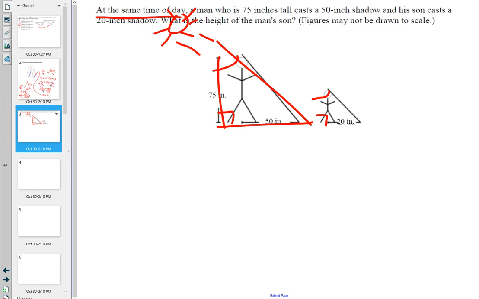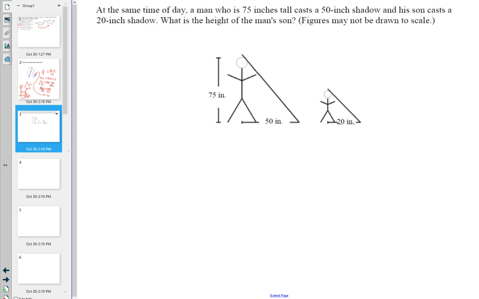So let's see if we can set up a proportion because they're acting as the sides of the triangles. They want to know, it's a man and his son. What is the height of the man's son? We'll use a K for Kenny. What can I use as a scale here?